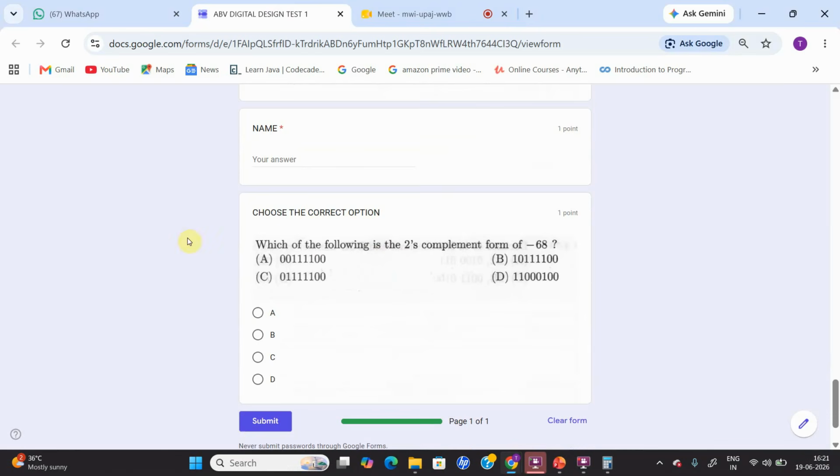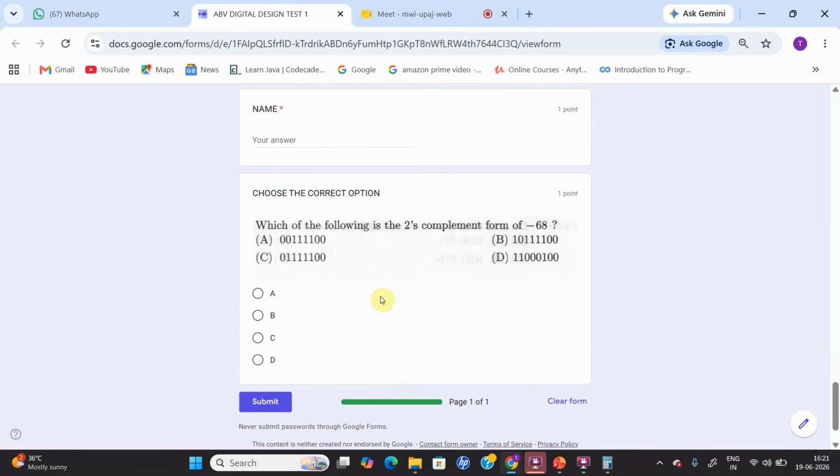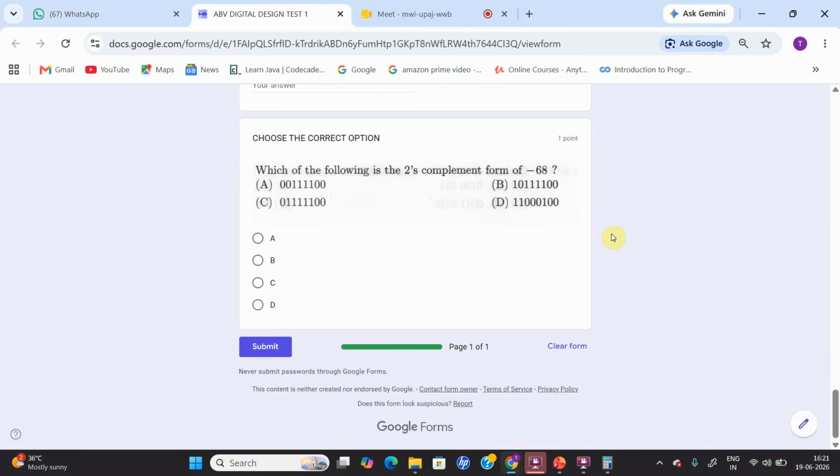And which of the following is the two's complement form of minus 68? This is also a straightforward question. So you can discard the first two options because the MSB is 0, and you can basically check with B and D. What is the correct answer you are going to get between B and D?